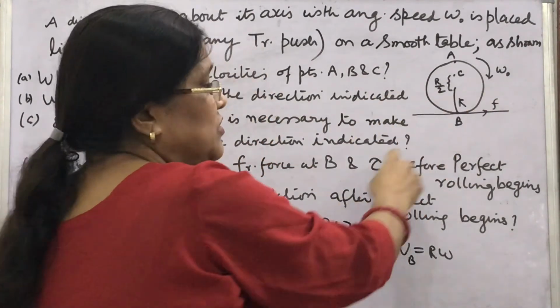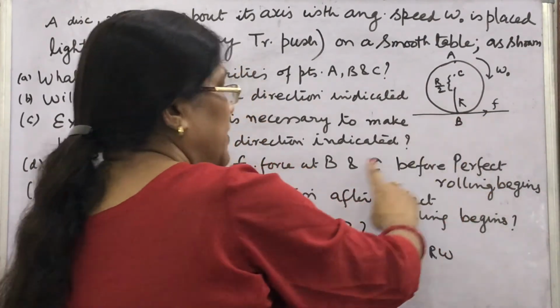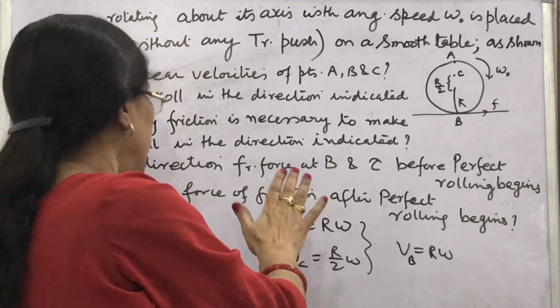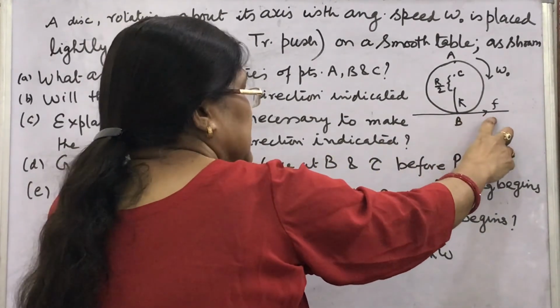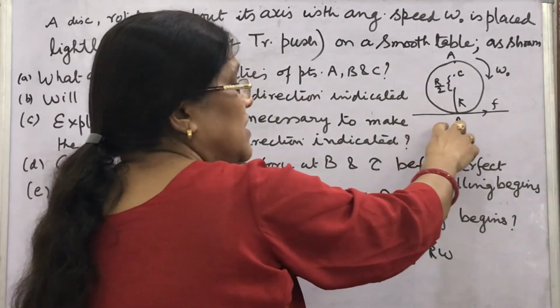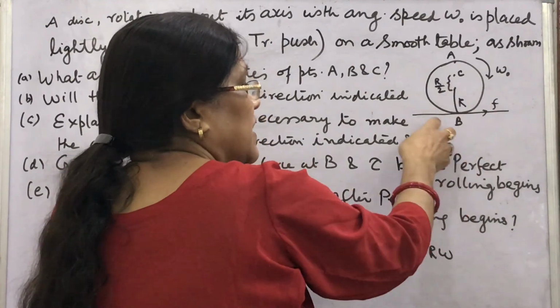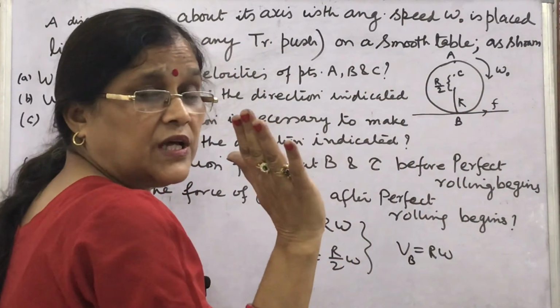Opposite to that. So friction will be here, indicated in this direction of the arrow. So the direction of the frictional force at B will be in this direction. And what will be the torque? Look here, this frictional force and r cross F. F is at 90 degrees, torque is r cross F.